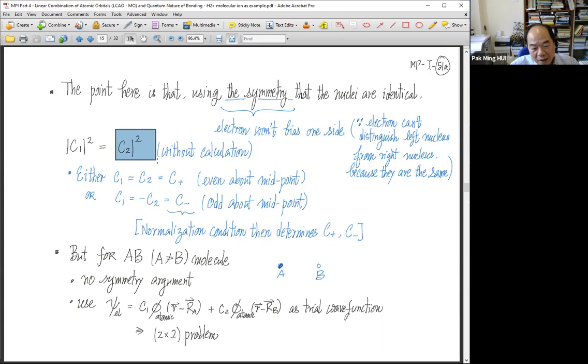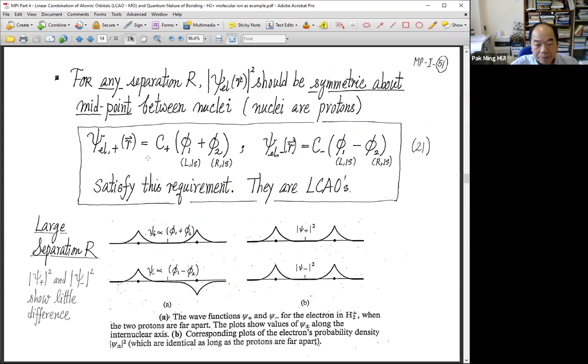Okay. Now, there are two choices. So the coefficients are the same or they are off by a sign. Therefore, I will have two cases. If they are the same, they can factorize out. I can determine it later in a page.